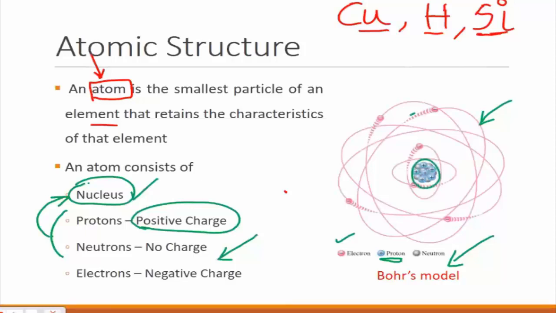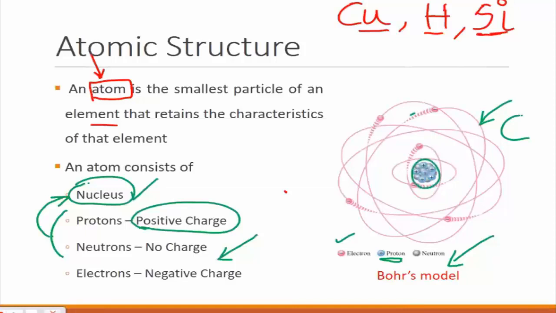For example, this atom is actually carbon. You guys know the material carbon? You use pencils, right? So this is the atomic structure of carbon. Carbon has 6 electrons and 6 protons in it, which is not a semiconductor.